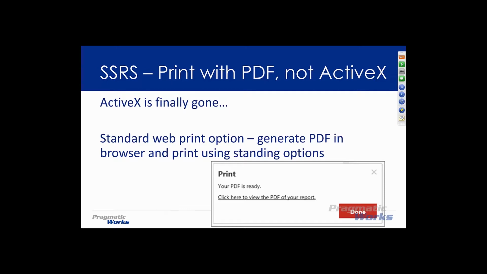Anything you print online today pretty much opens a PDF and then allows you to print it. Now SSRS has that capability natively, and in the process has eliminated ActiveX. So that gives you that capability when you're looking at SSRS.